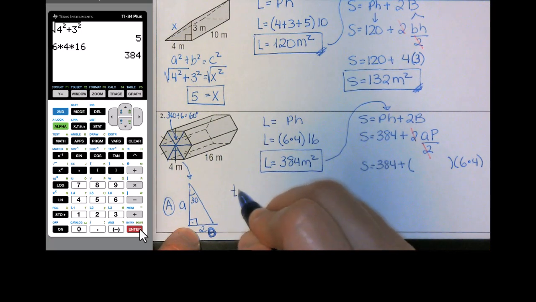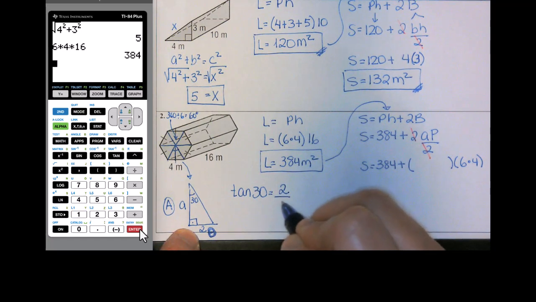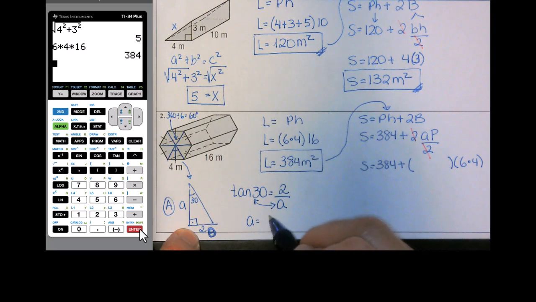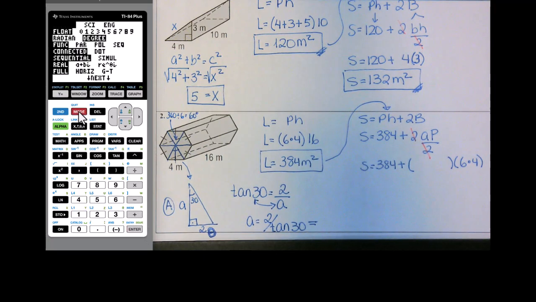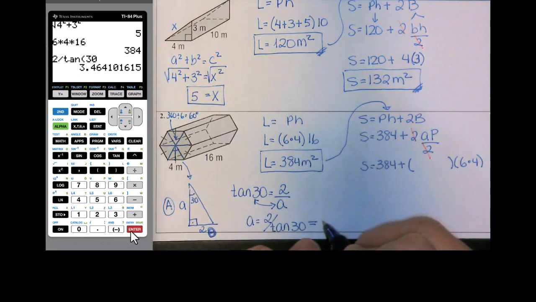So this would be tangent of 30 equals the opposite side 2 over the apothem. We're going to switch these places. So this would be 2 over the tangent of 30. Okay, let's go ahead and press mode. It's in degrees, so let's go ahead and clear that and press 2 divided by tangent of 30. And we get 3.4641.